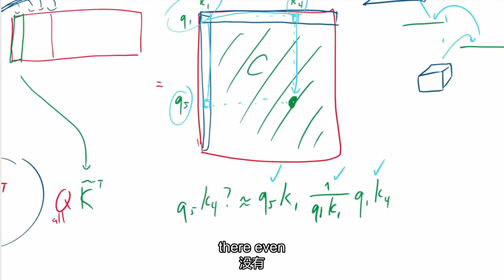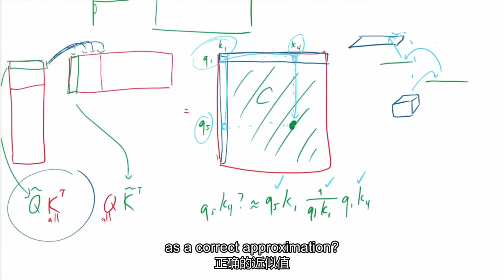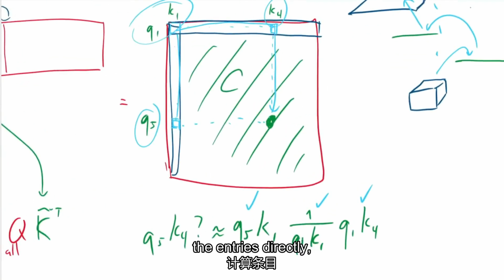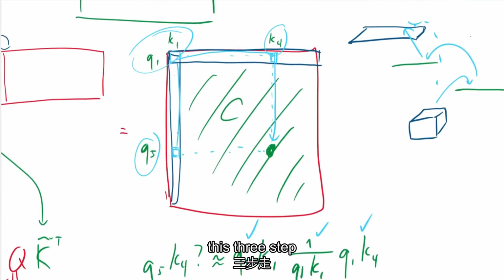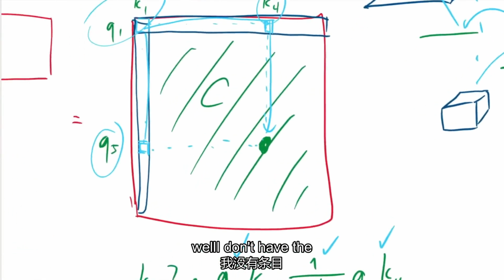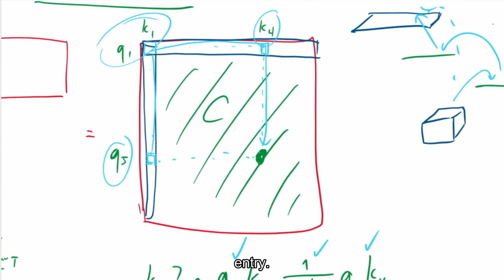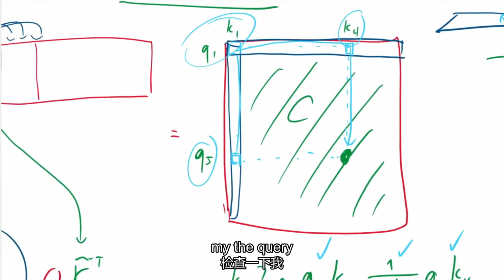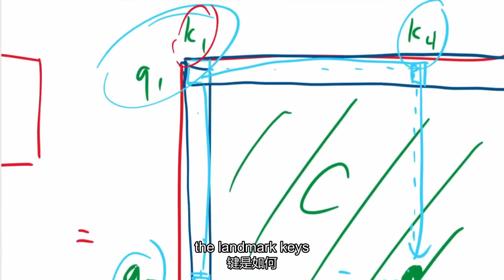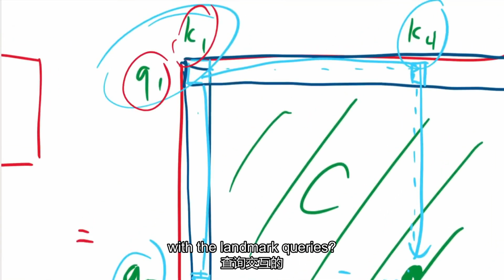Well, is there even such a thing as a correct approximation? That's a philosophical question. In any case, that's how the Nyström method works. Instead of calculating the entries directly, it goes this three-step way. It says, well, I don't have the entry, so let me check what the query I'm interested in does with the landmark keys, and then I check how the landmark keys interact with the landmark queries.